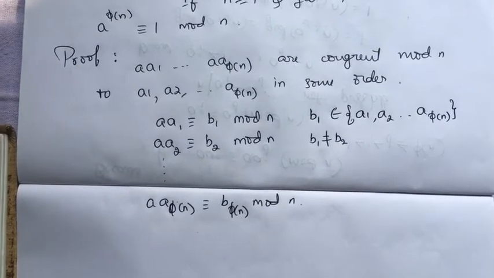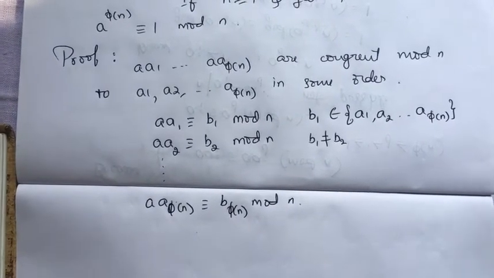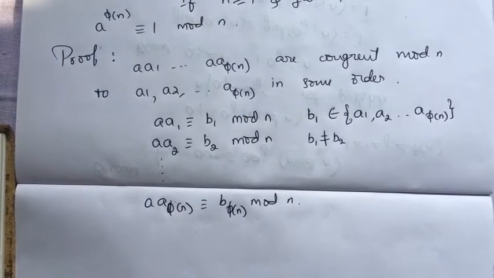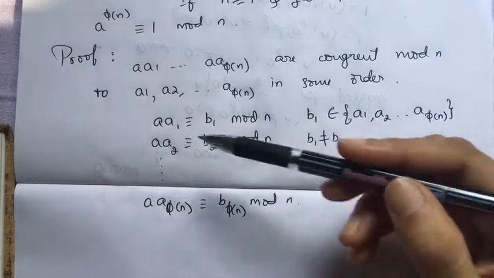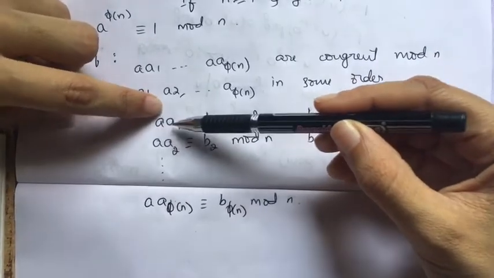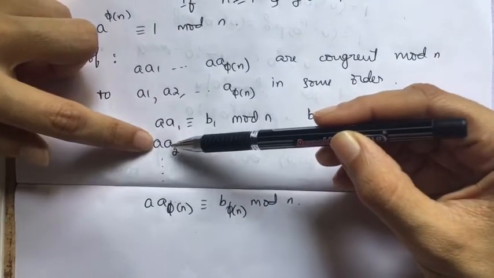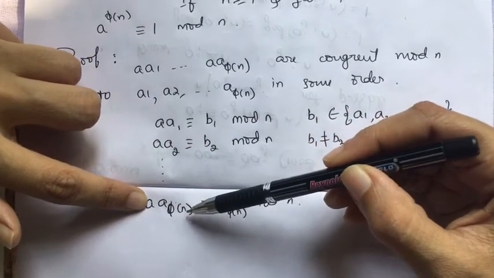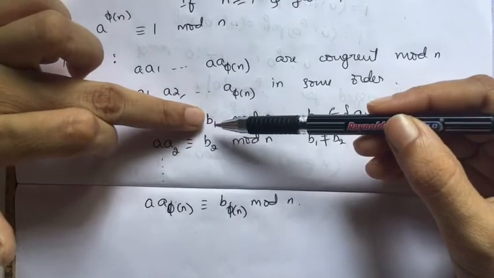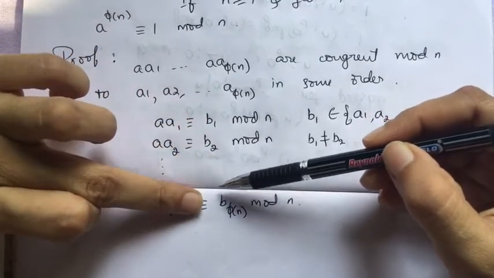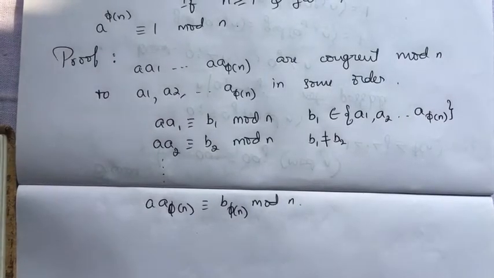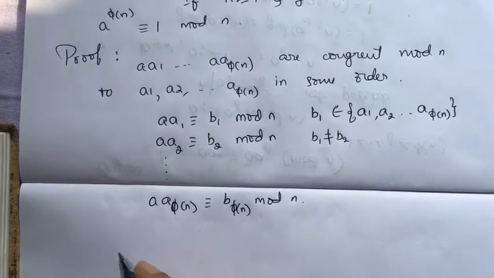Now we'll take the product of all these phi of n congruences. What happens is a·a1 into a·a2 into a·a3, like that up to a·a phi of n, is congruent to b1 into b2 into b3, up to b phi of n mod n.